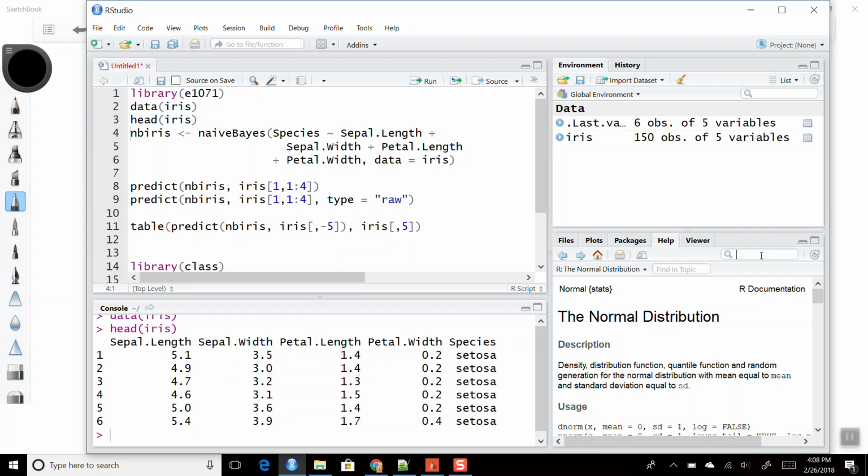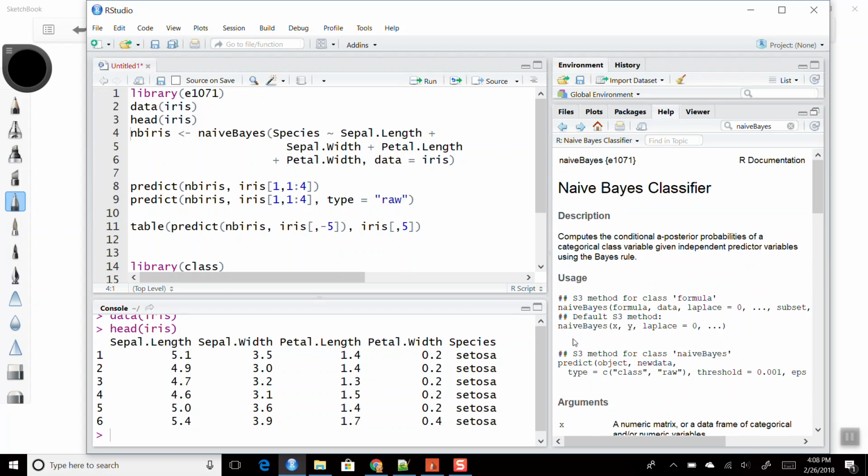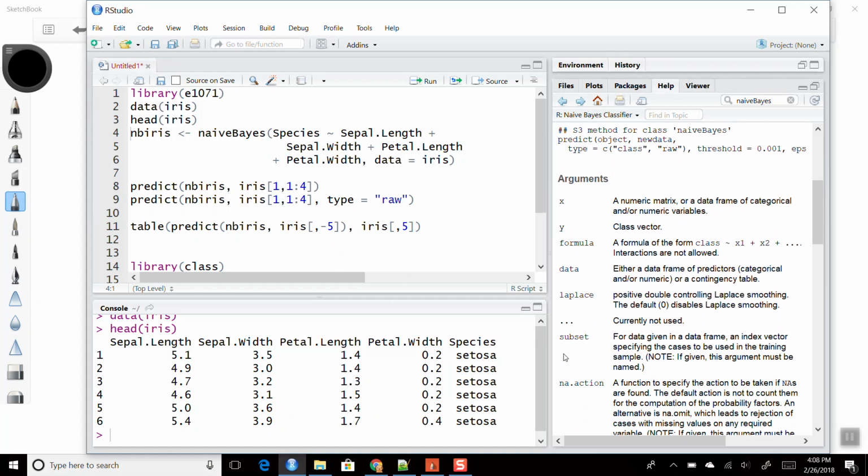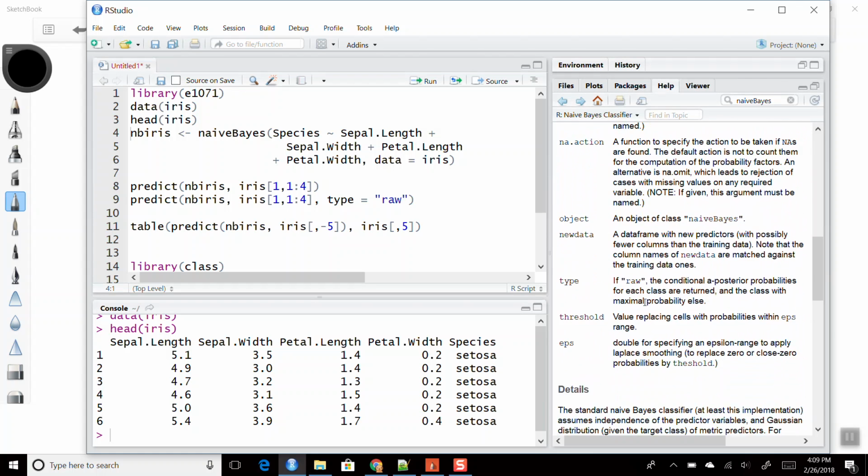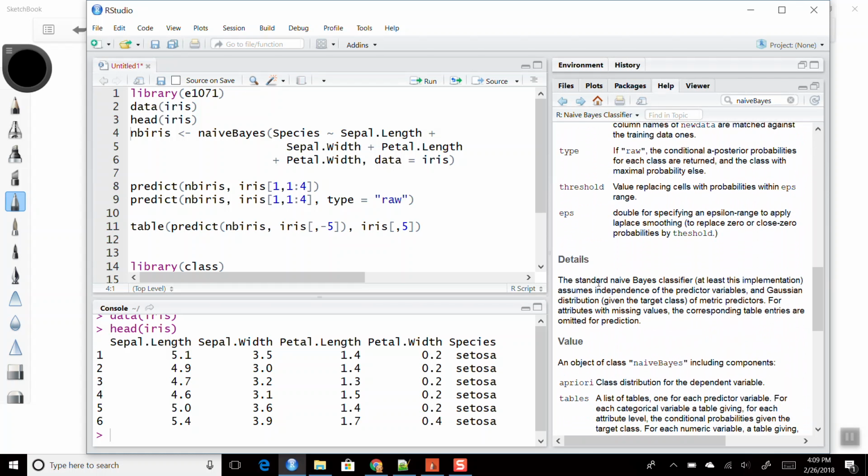If we ask for help on naive Bayes, this gives us a little bit of information. This fits a standard naive Bayes classifier, assumes independence of the predictor variables, that's the naive assumption, and Gaussian distributions of metric predictors.